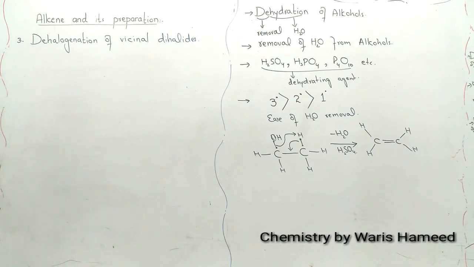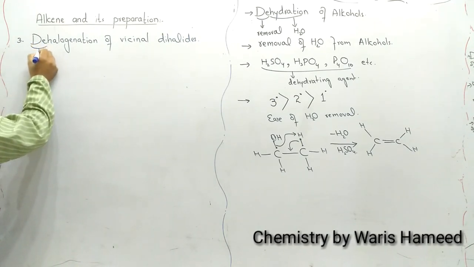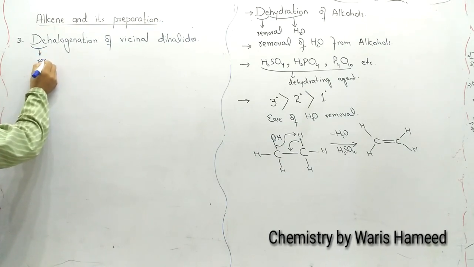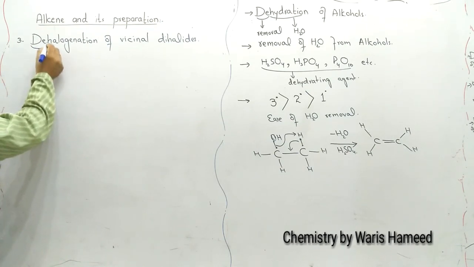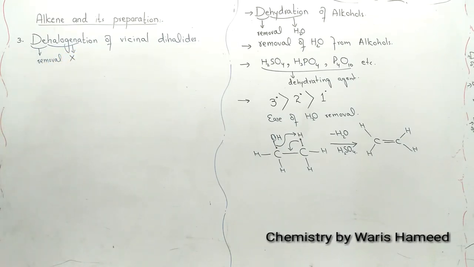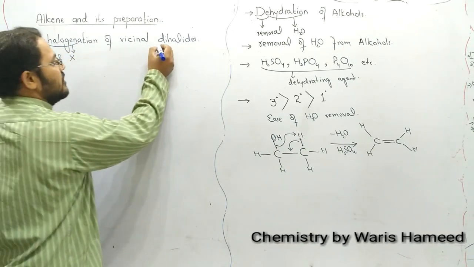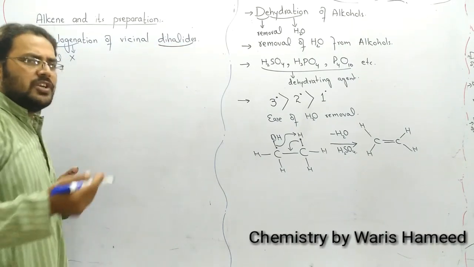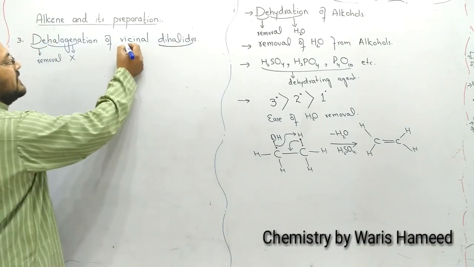Again focus on the terms. D means removal. Halogen: we are removing halogen from dihalides. Which type of dihalides? It's vicinal dihalides.